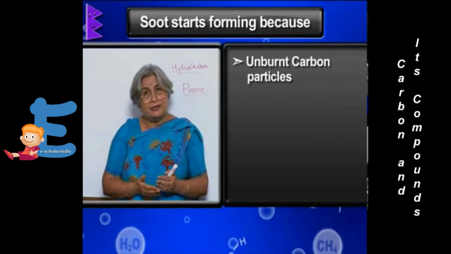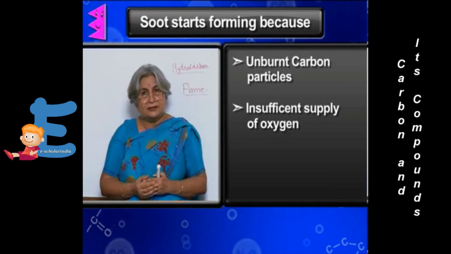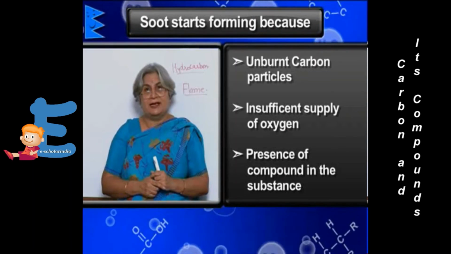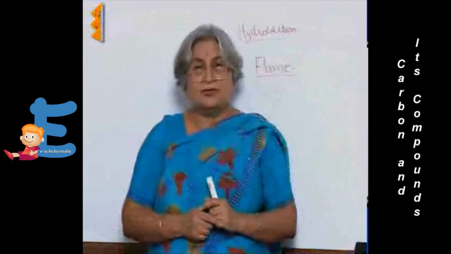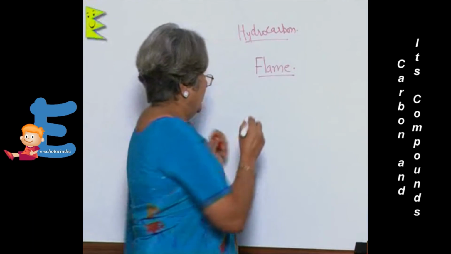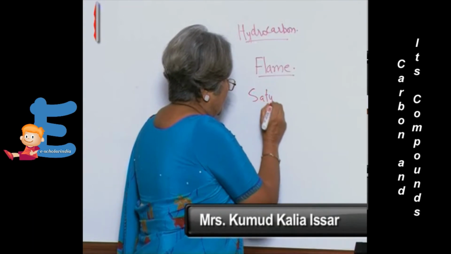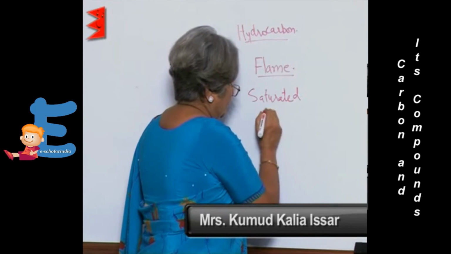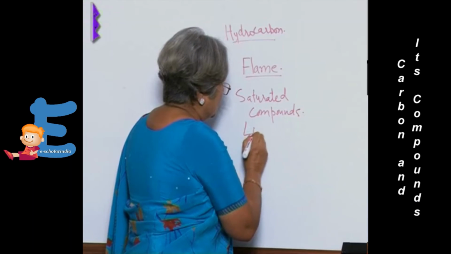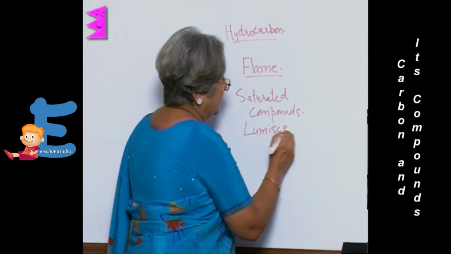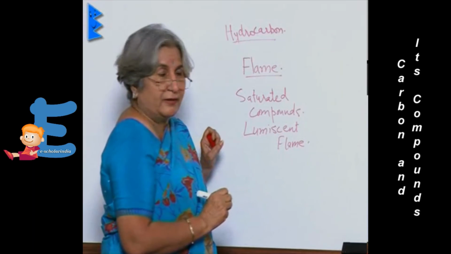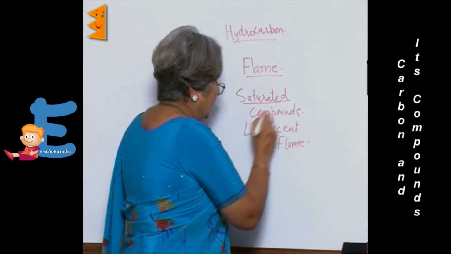It can happen either due to insufficient supply of oxygen, or because of the kind of compound it is. The saturated compounds produce a luminescent flame, which is blue in color, like methane.